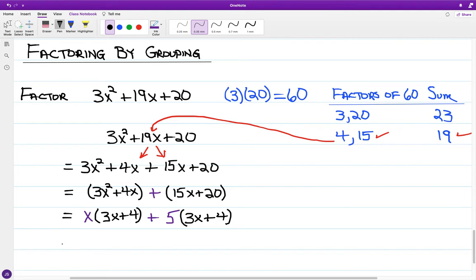And for the two factors, one factor is going to be that which is repeated from the separate groupings and resulting factoring at this stage. So 3x plus 4 is that which is shared in this particular layout. And the other factor is going to come from the outside terms and operations. On the outside we have x and positive 5.